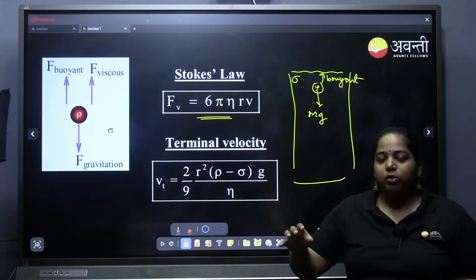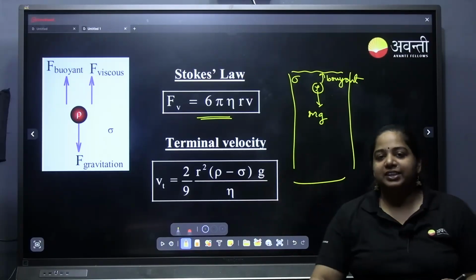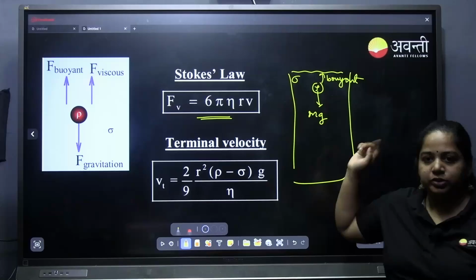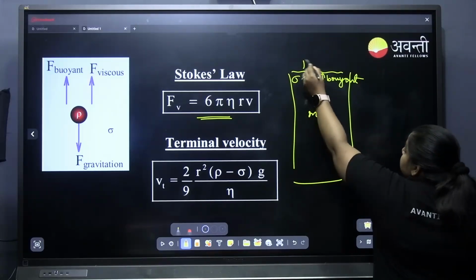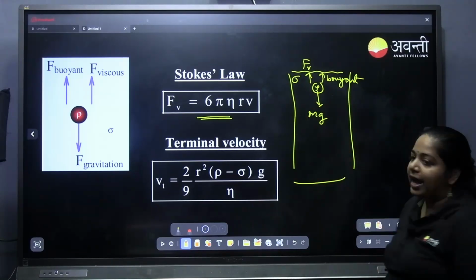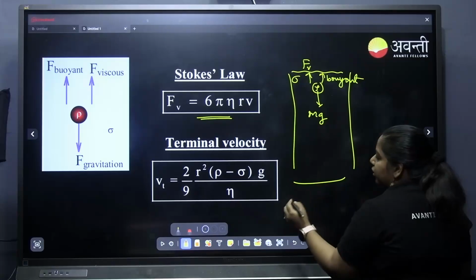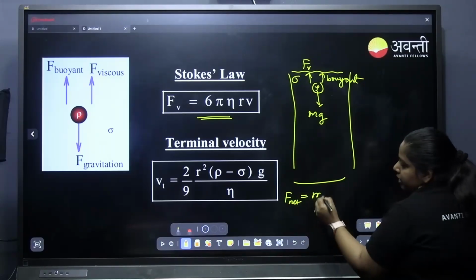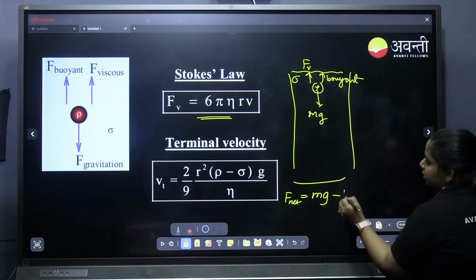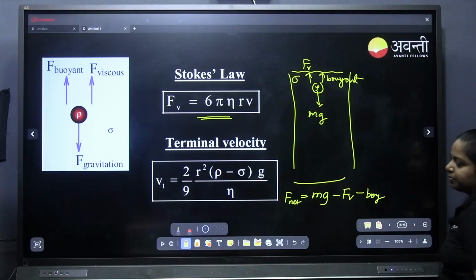Like if you put thermocol balls, they will not sink, they will be on the top. If you put a stone, it will sink. So it depends on the buoyant force. And there is this Stokes viscous force acting upwards. So the net force, but still it is falling downwards, right? F net will be equal to mg minus viscous force minus buoyant force.